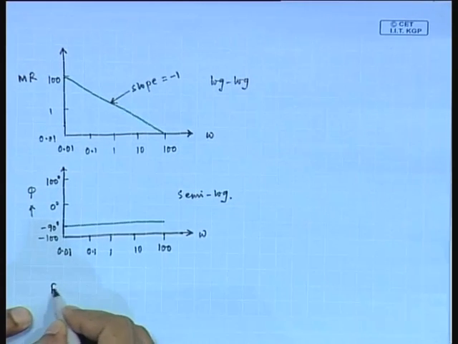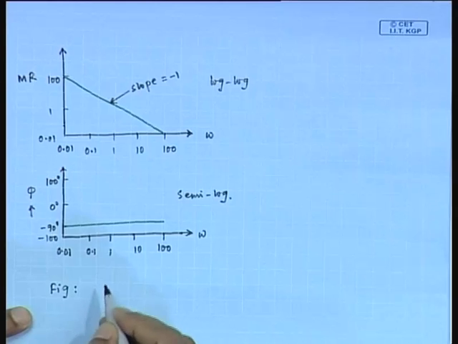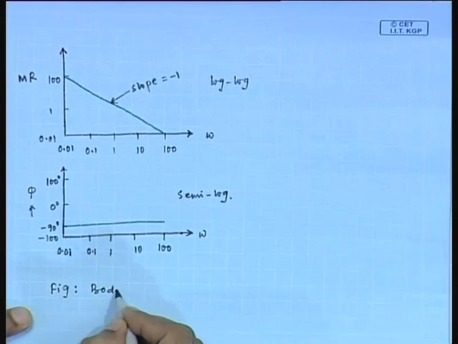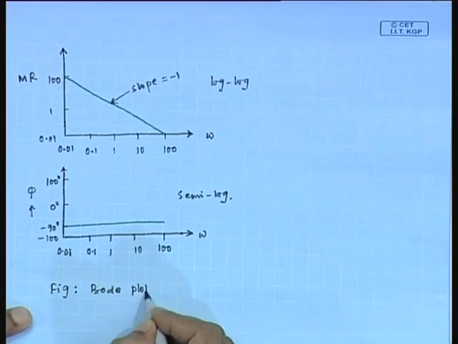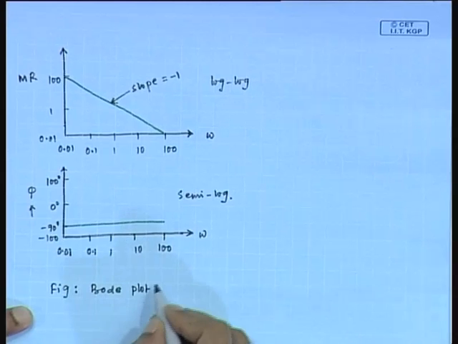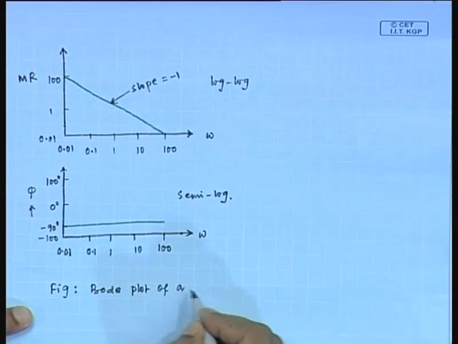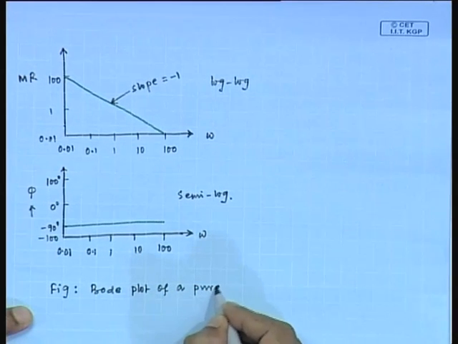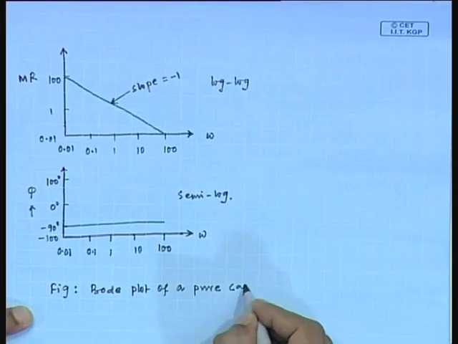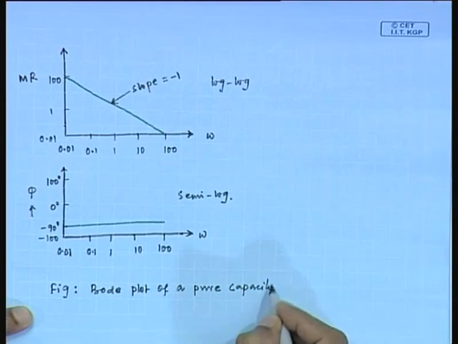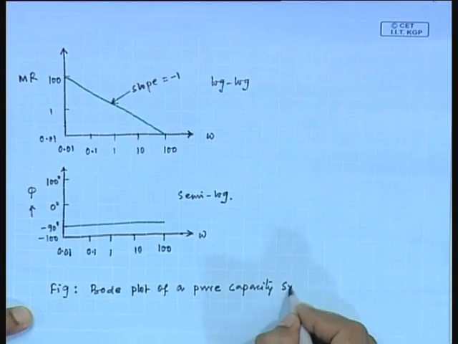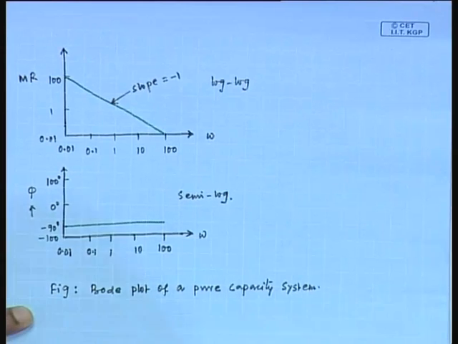So, this is the Bode plot of a pure capacity system.